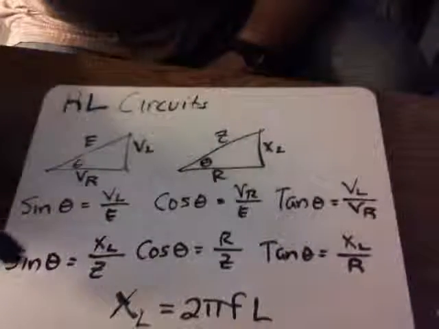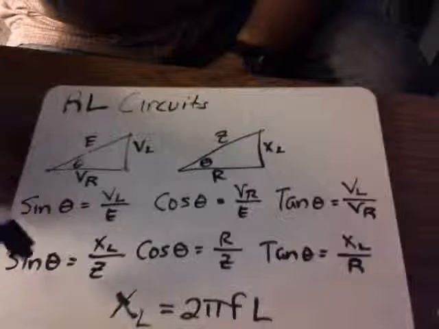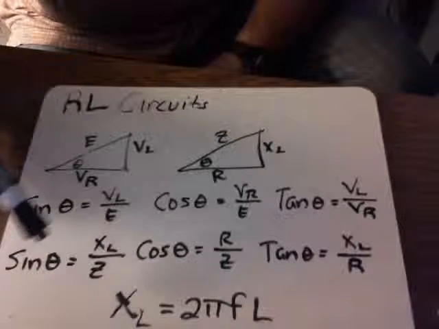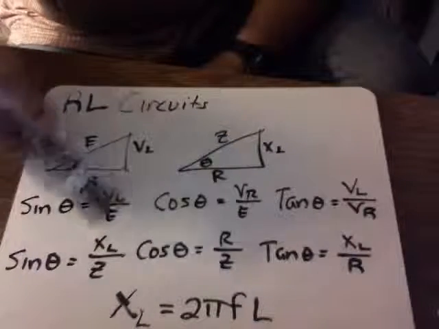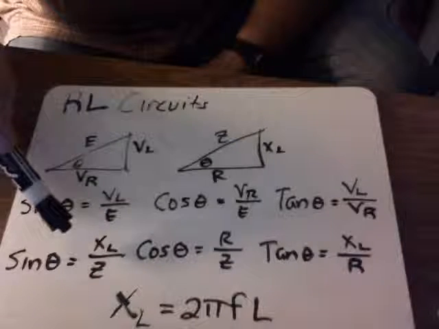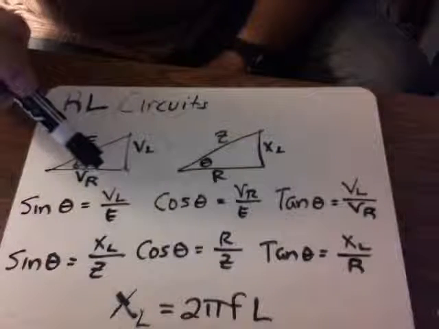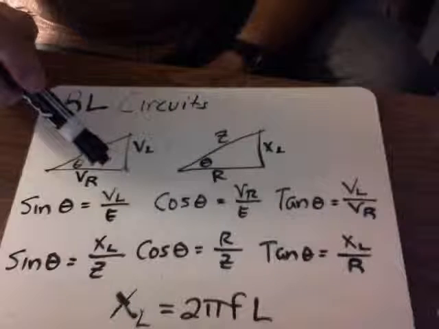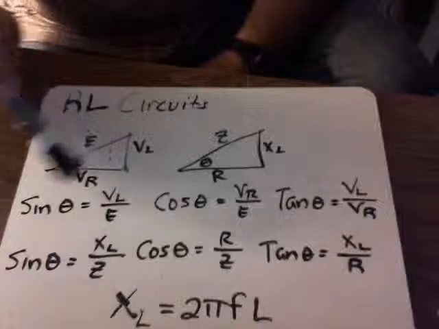Because if you set this up to solve, all you have to do is cross multiply, and it's much easier to solve that way. So there's lots of little tricks to manipulating these formulas that you can do to save you time and not have as many steps for your equation.